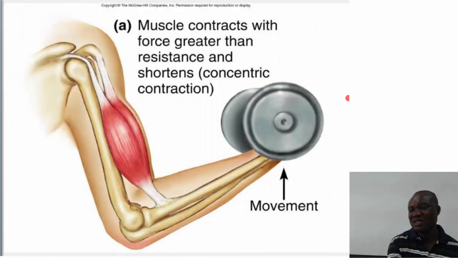See that the muscle is shortening, and the force generated is greater than the force on the muscle. That's why it can easily be lifted.